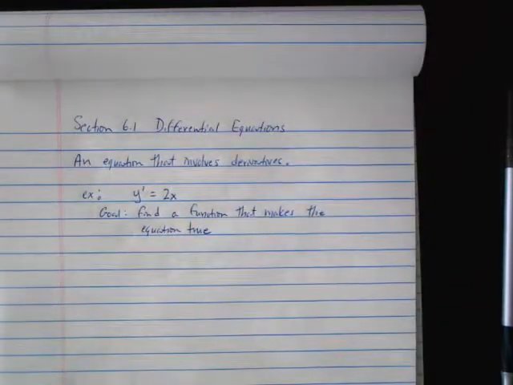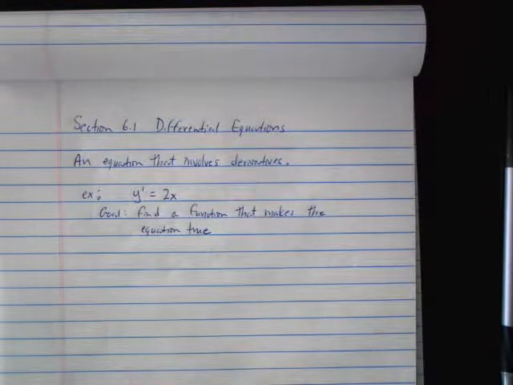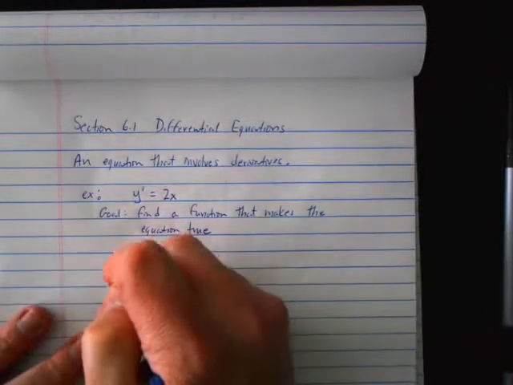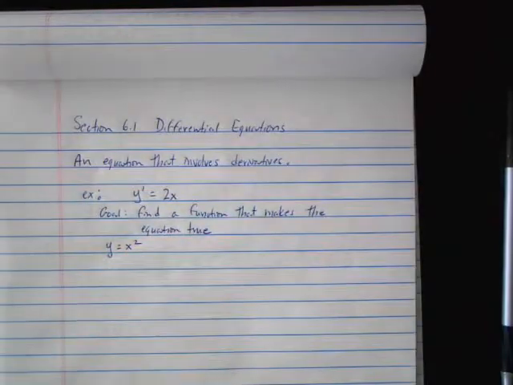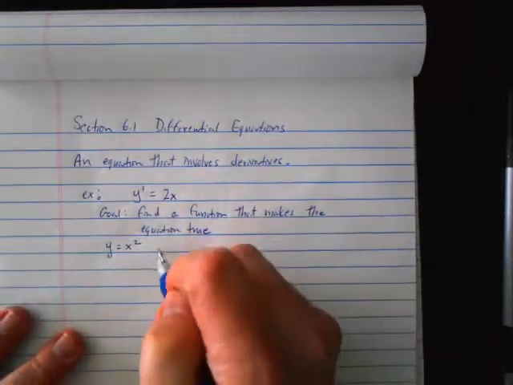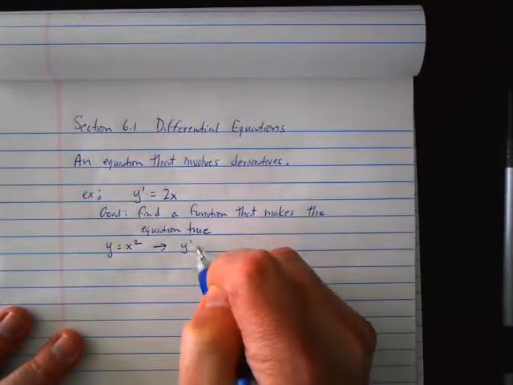Well, can you find a function that makes that differential equation true? Y equals x squared over 2. I don't think x squared over 2 is the right answer, but you're close. Y equals x squared. Because if I take the derivative of that equation, I would get y prime equals 2x.